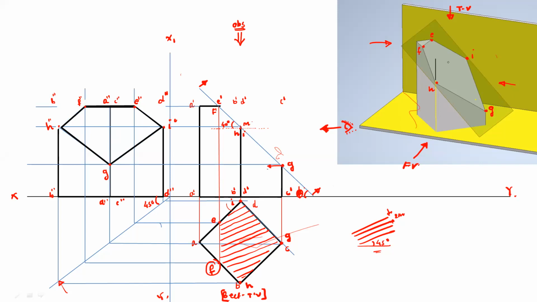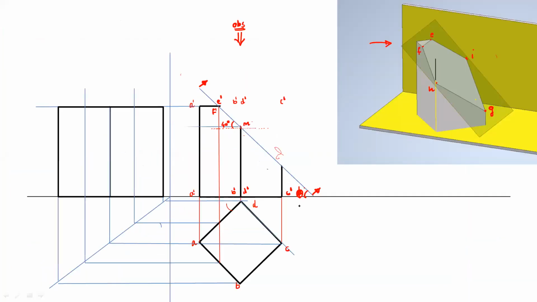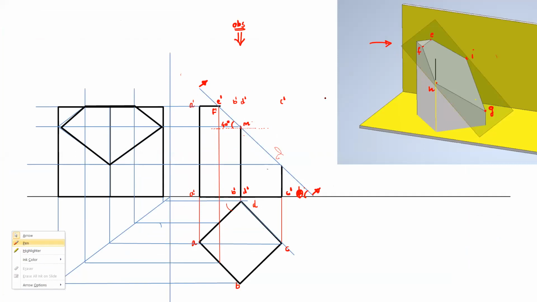As the portion which is above this section plane is removed, therefore in the side view we should remove this portion.